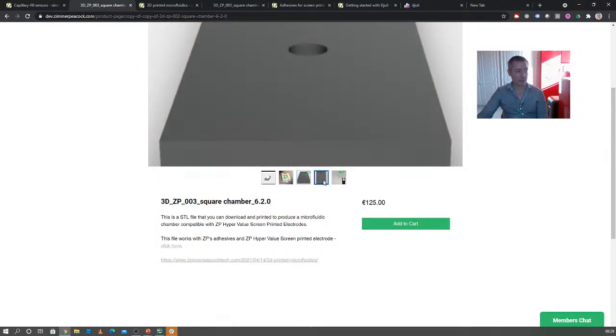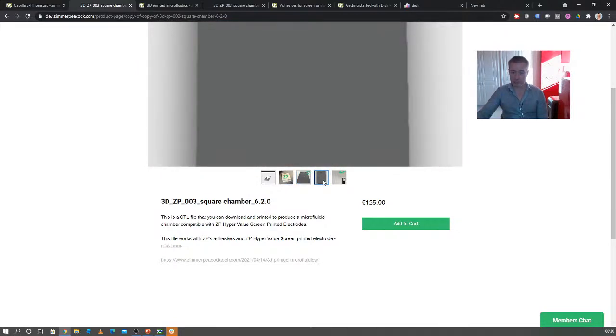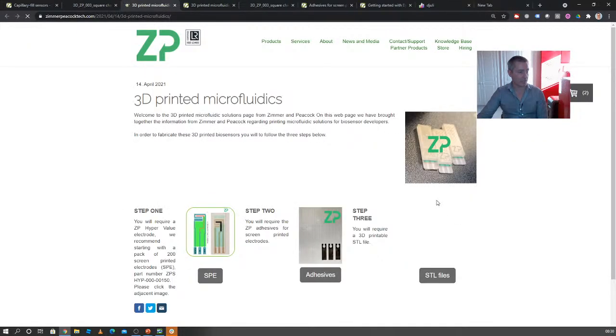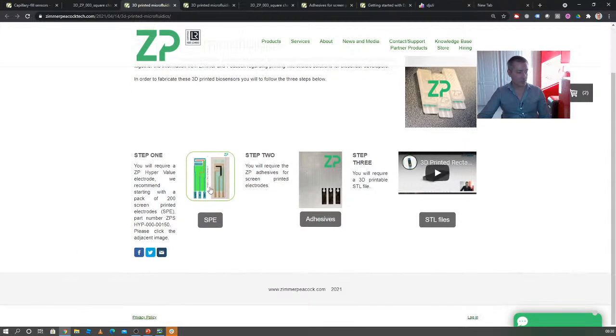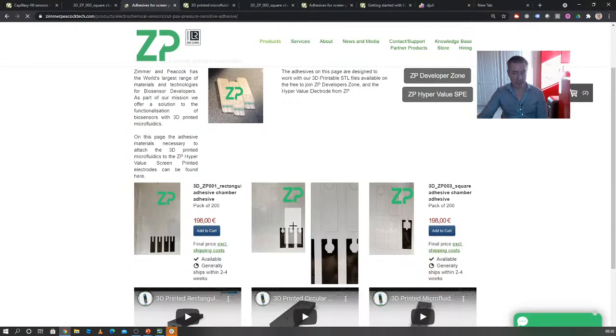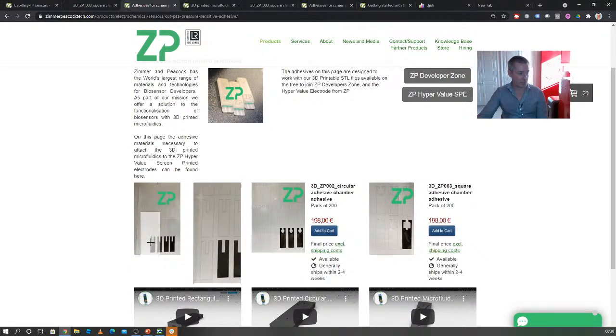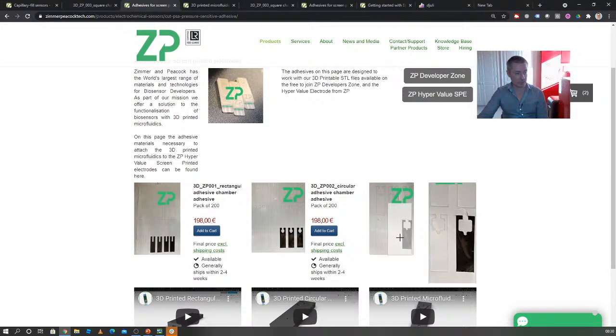They allow you to print out these little chambers on a 3D printer, and all you need then is the STL file, so you'll be able to print the chambers yourself. You just need screen printed electrodes. The hypervalue electrodes are really the ones I advise. You need these adhesives. They come in 3 types: rectangular, circular, and square.